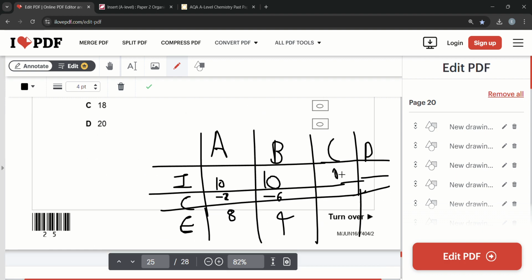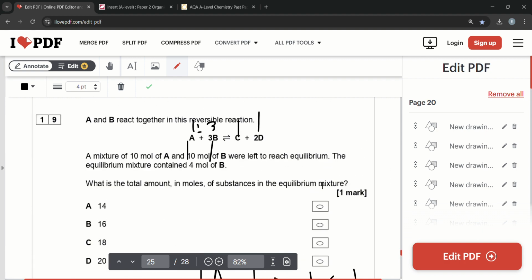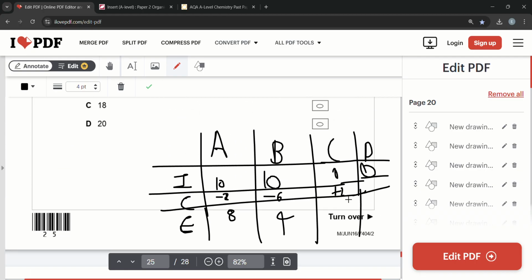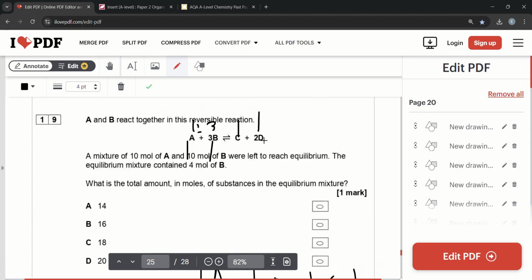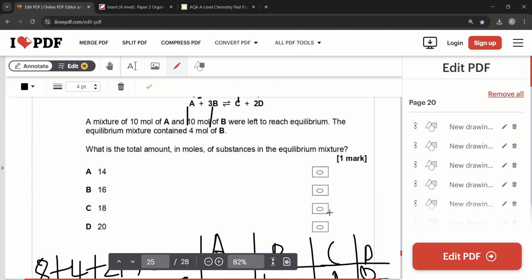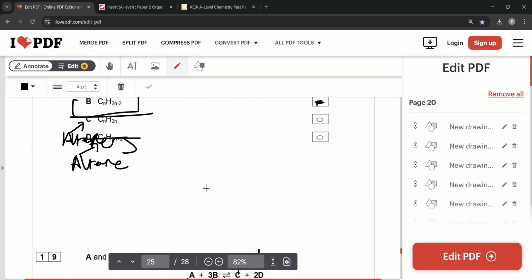So for C and D, the initial moles is 0 and 0, because it doesn't tell us the initial moles, so we're going to assume it's 0. And instead of minusing 2, we're going to add 2. We're going to have 2. And for D, that's a 2 molar ratio, so instead of adding 2, we're going to add 4. So that's 4. And now we're going to do 8 plus 4 plus 2 plus 4, which is the same as 8 plus 4 is 12. 12 plus 2 is 14. 14 plus 4 is 18. And that is the number of equilibrium moles.